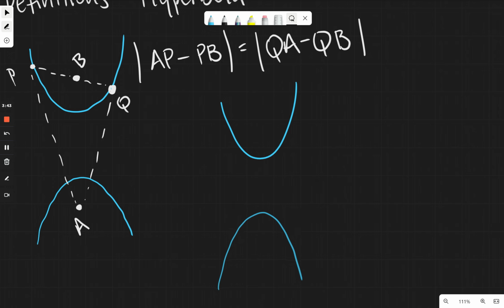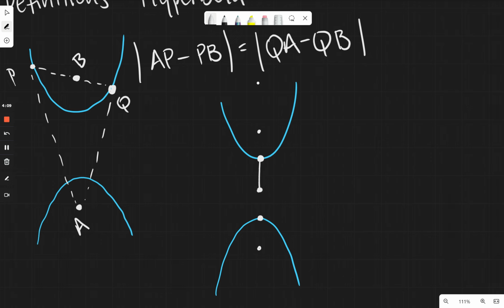Okay, so we have our foci. Those are the two points I drew in earlier. And then some other important points are the vertices. If you were to imagine a hyperbola as two different parabolas, which it's not, these vertices would be in the same spot. And so these are your vertices, and this is the center, right in the middle of the vertices.